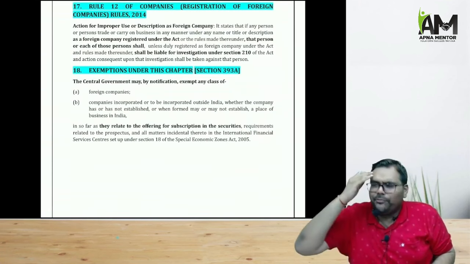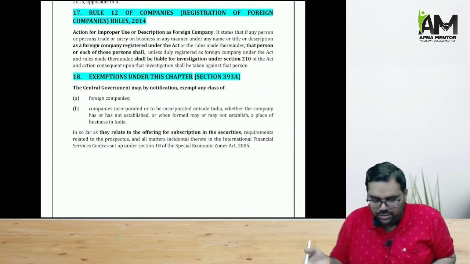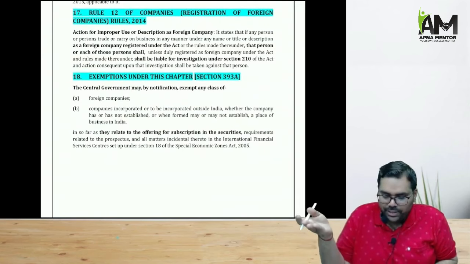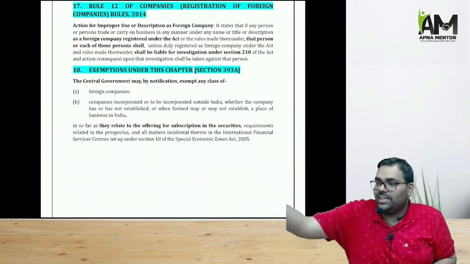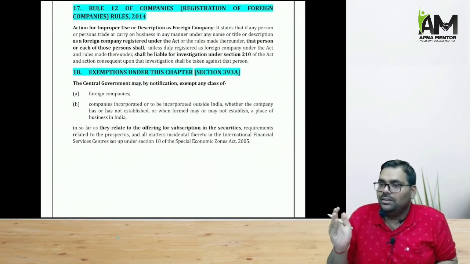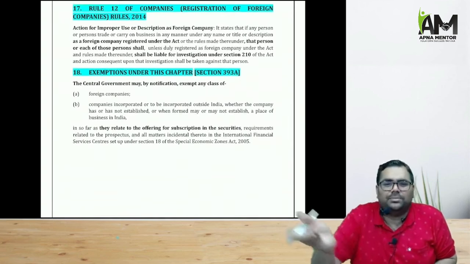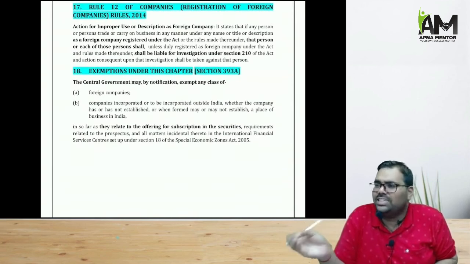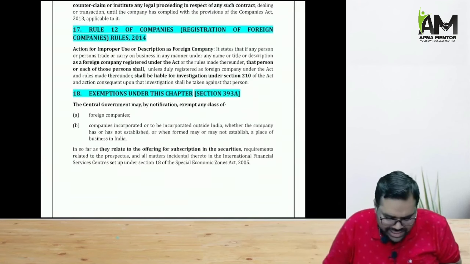You just write one line. The foreign companies have come to India and are offering subscription for securities in the IFSC. They are trying to develop that area, so the CG can give exemption if the CG wants. But they will never ask you this.